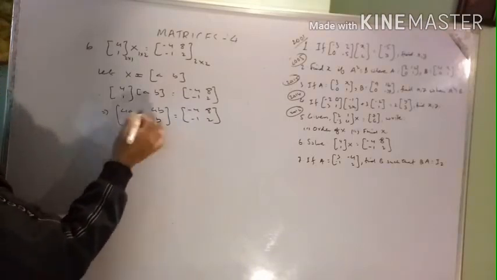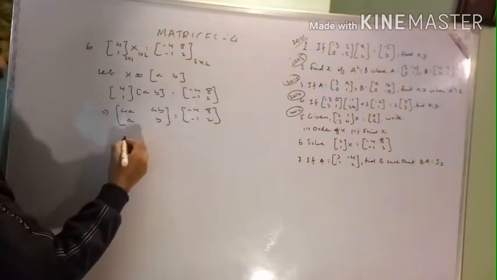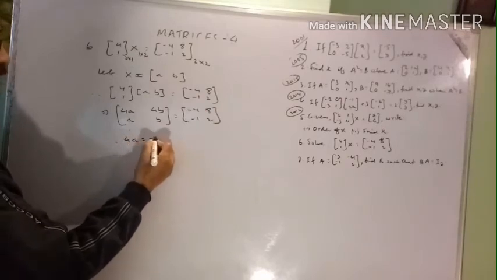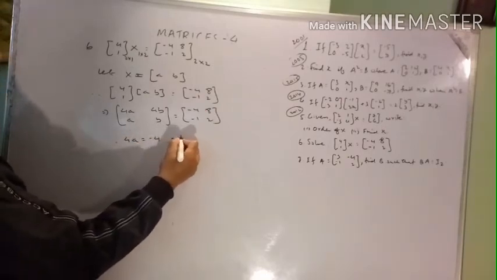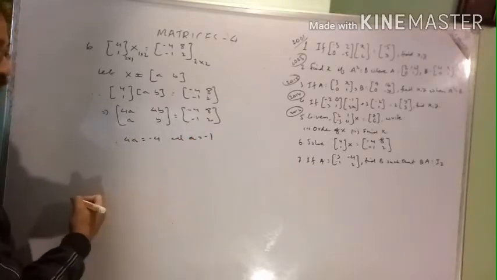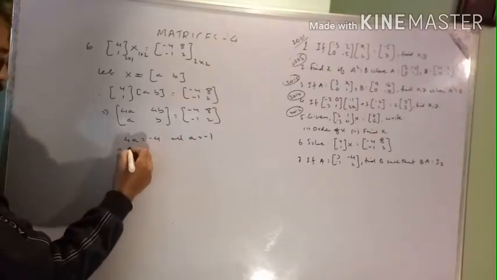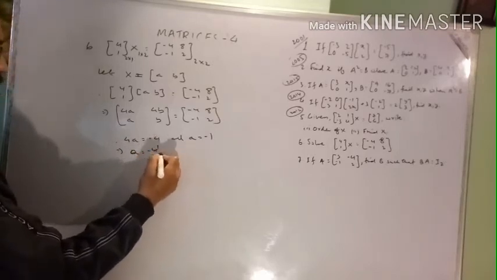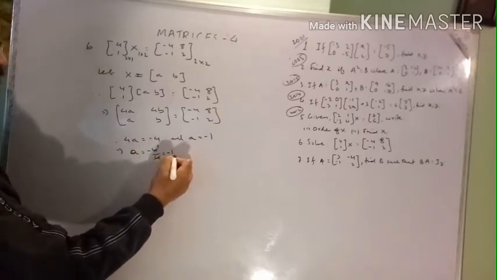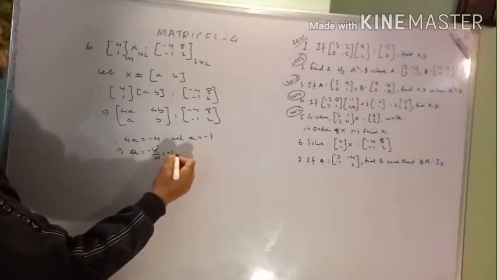So therefore now by equality of matrices, 4A is equal to -4, and A equal to -1. This gives you A equal to -4 by 4, that is -1.